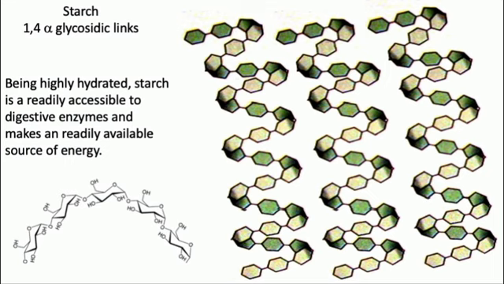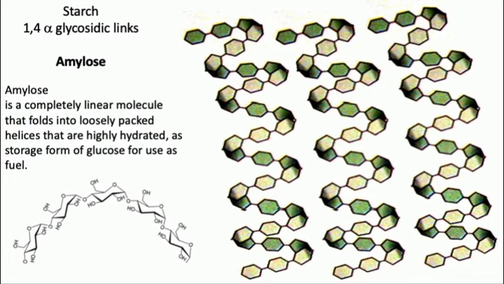However, because they're so floppy and so highly hydrated with water, they're very accessible to enzymes, and this makes starch, with its 1,4-alpha links, extremely useful as a fuel. Enzymes can rapidly act upon it and build it up as a fuel storage, and enzymes can readily access it and tear it apart to mobilize it when energy is needed.